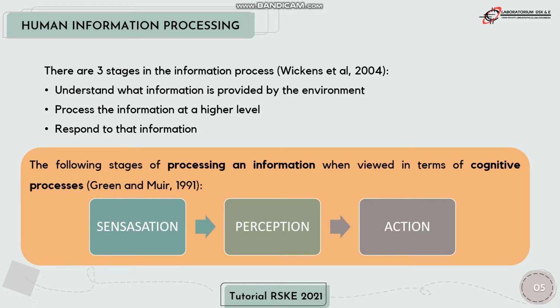Okay, at first, we start with sensation. It is the process of receiving stimuli from the sense process by humans, which are then sent to the nerve center. Sensation is the first stage in the function of the sense to represent stimuli from the environment.